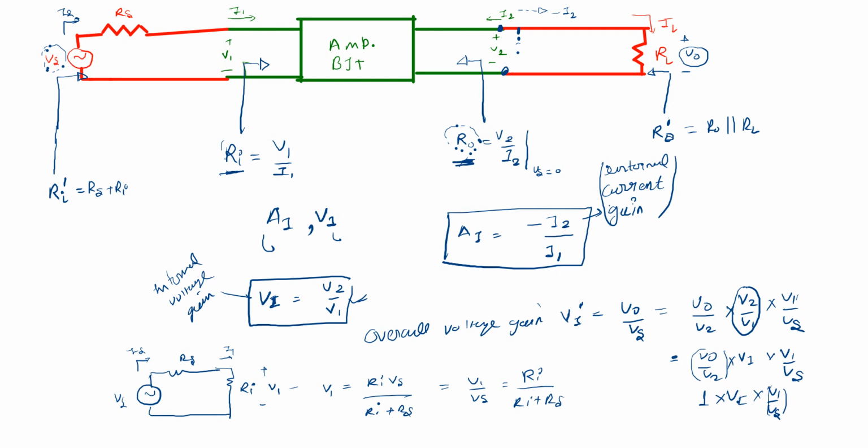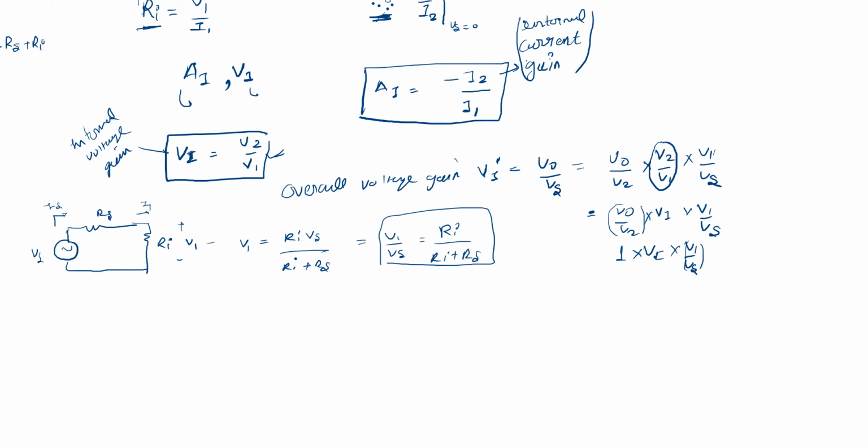So we need to put this value and we'll get Vi dash equal to Vi into Ri upon Ri plus Rs. So we got the overall voltage gain.